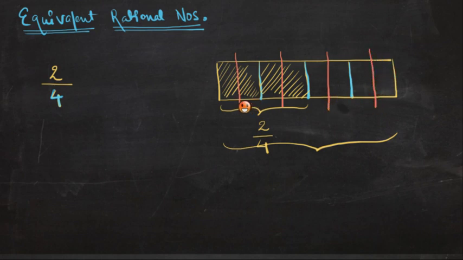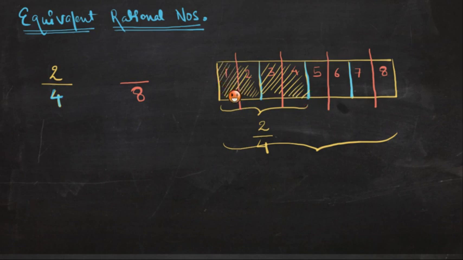So now if I would ask you, how many total number of parts do we actually have? 1, 2, 3, 4, 5, 6, 7 and 8. So we have divided this chocolate into 8 parts. Initially we had only 4 parts, but the same chocolate we have now divided into 8 equal parts. Now how much portion of these 8 parts is represented by this shaded region?